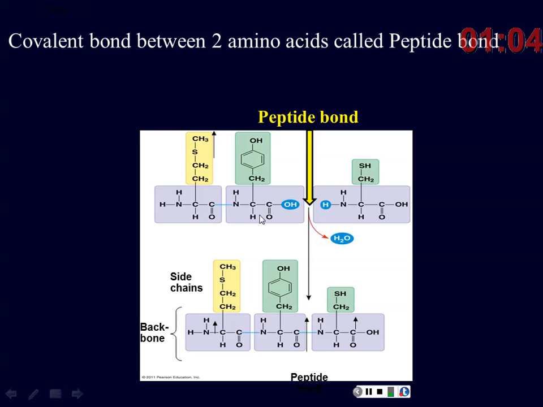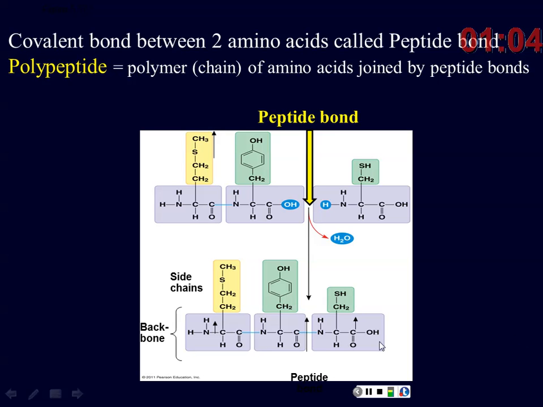Notice, just as I mentioned earlier, this monomer has a hydrogen right there and an OH right there. So this is condensation synthesis. We take the H from the monomer and the OH from here, water comes out, and now we've bonded that amino acid to the polymer. So this would be a polymer of amino acids, and there are the side chains of those amino acids right there.